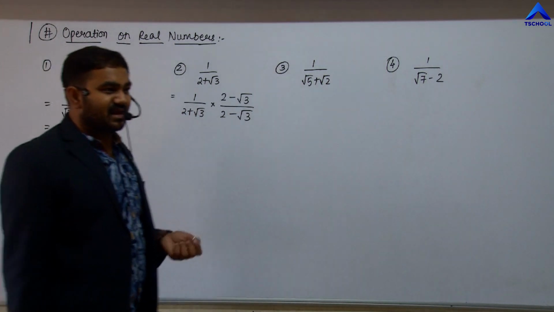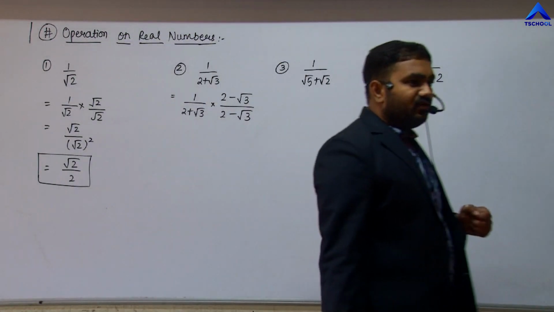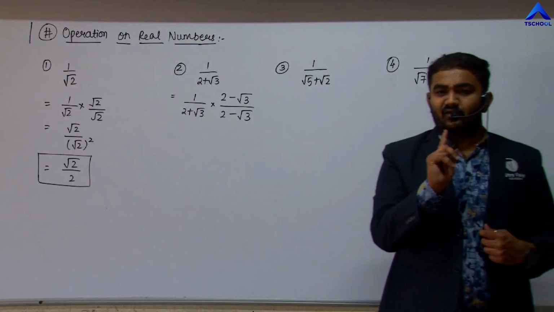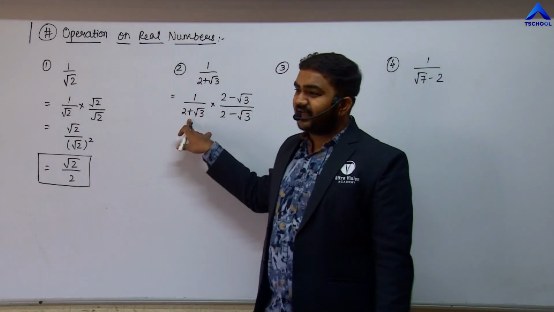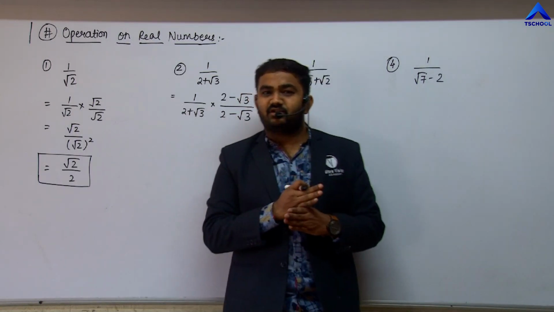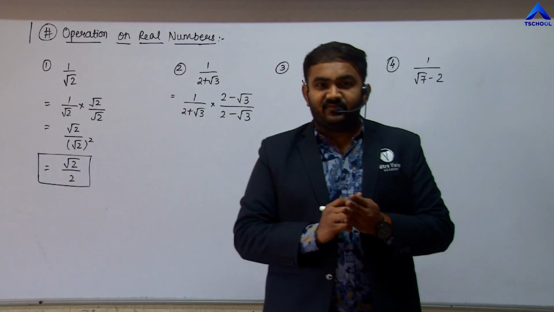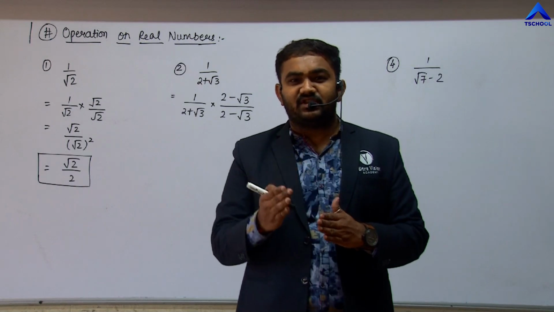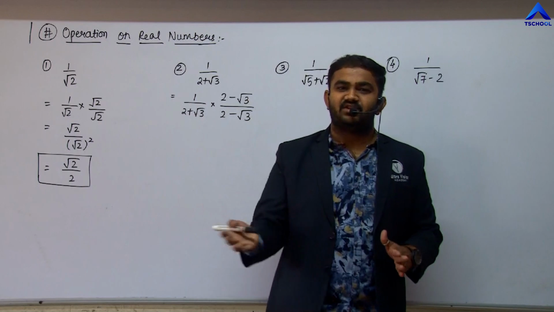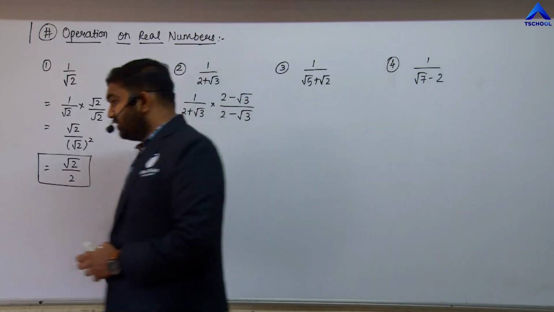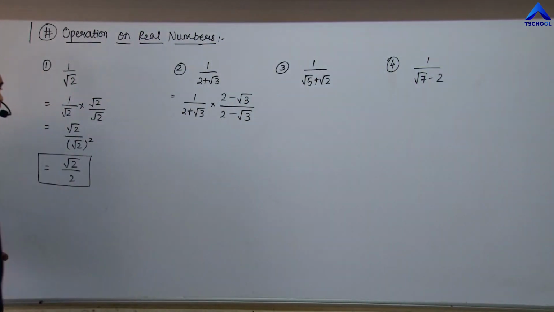That means the sign, note that, friends, the sign of the second term only and only of the second term, that means not the first term. The sign of the second term is changed. If it is plus, it will be changed to minus, and if it is minus, it will be changed to plus. Here, friends, the second term has a sign plus.